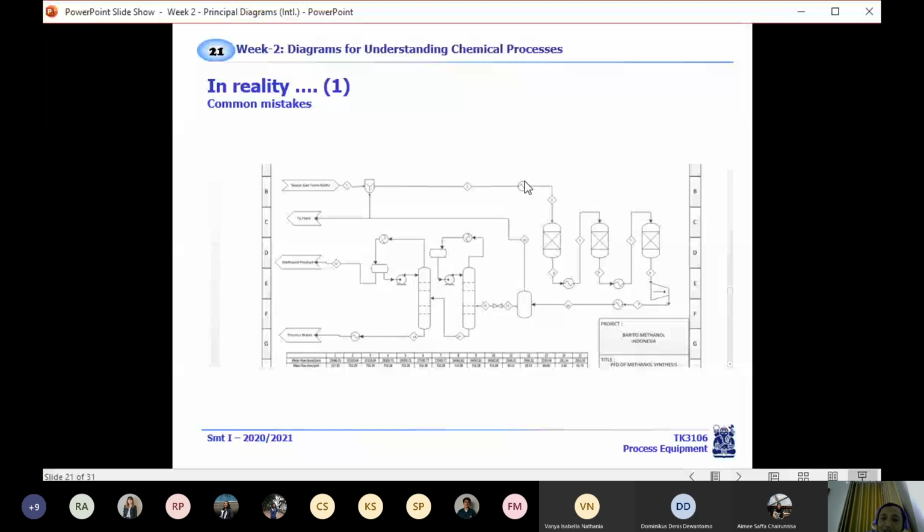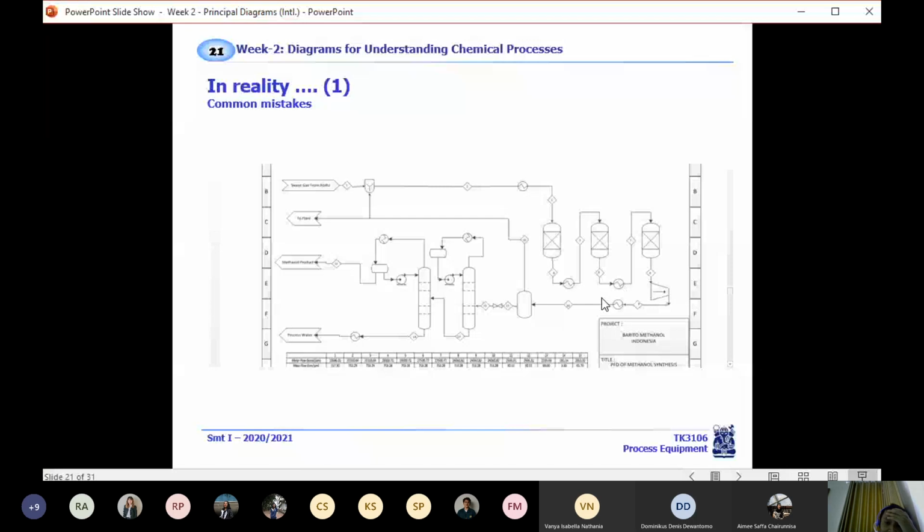No information on whether they will use steam to increase the temperature or cooling water to reduce it. This is the missing information related to the heat exchanger. Similar with the next heat exchanger: we don't know whether it will cool down or heat up the temperature.